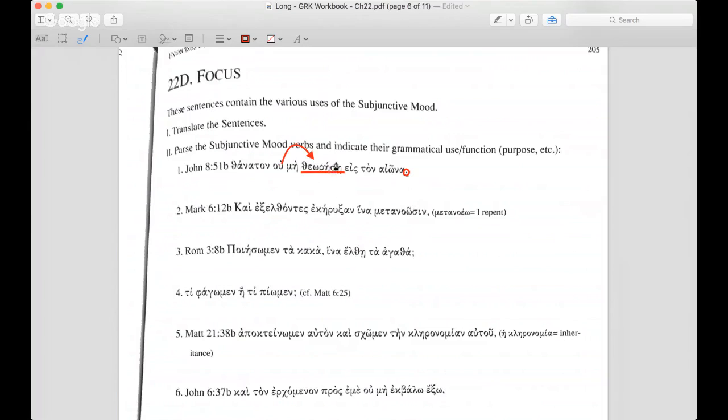Well, remember, there's no future, but what you're seeing is that sigma. You're dead on. You are seeing that sigma, and that is absolutely the observation you need to be making here. What two tenses do we have in the subjunctive? The aorist and the present. Yep, we have the aorist because this has that tense indicator, that sigma. We know we're dealing with the aorist here.